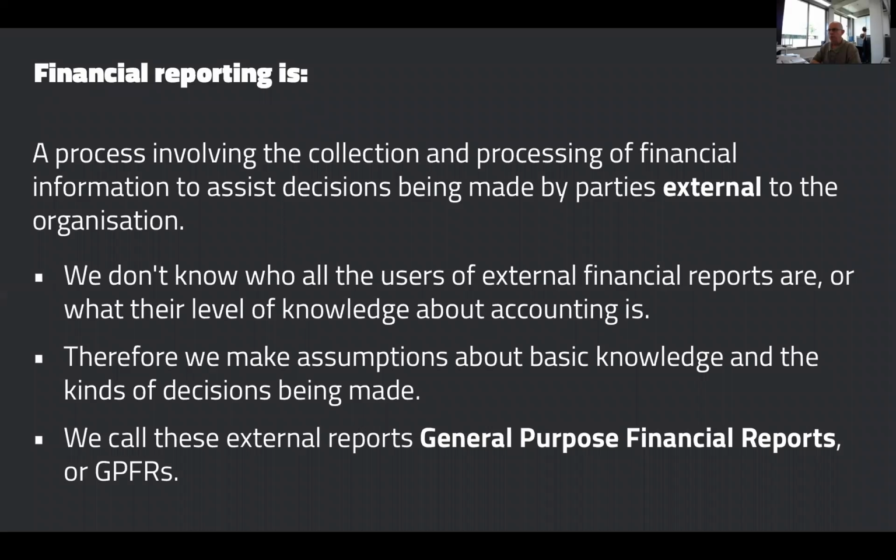Now, we don't know who these people are. We don't know exactly what they're going to use the accounting information for, so we have to make assumptions about the basic knowledge of the people who use information and the kinds of decisions that they're going to use. We call these external financial reports general purpose financial reports, or as an acronym, GPFRs.